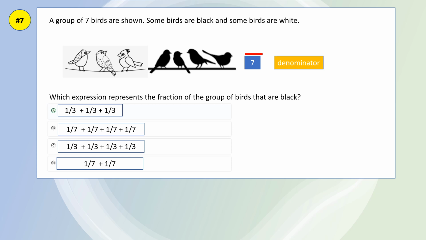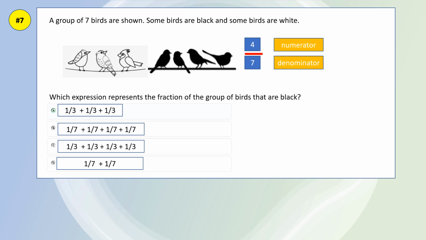Now, my numerator is whatever I'm looking for. In this case, it's blackbirds. How many birds are black? That's right, 4. So I'm going to write 4 as my numerator. And notice I had already drawn my little fraction bar.